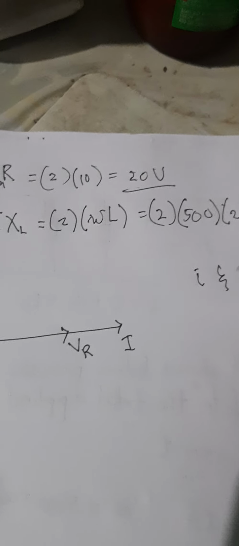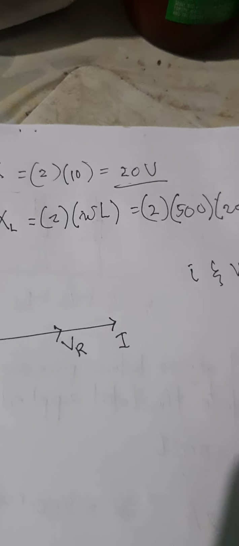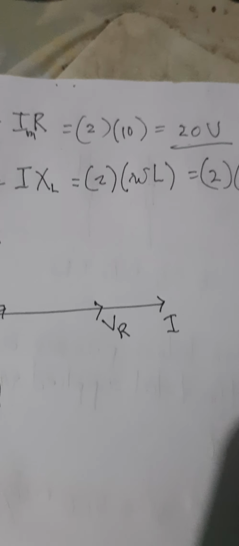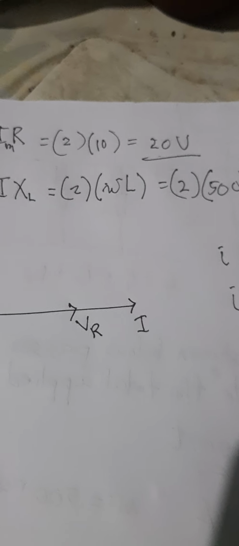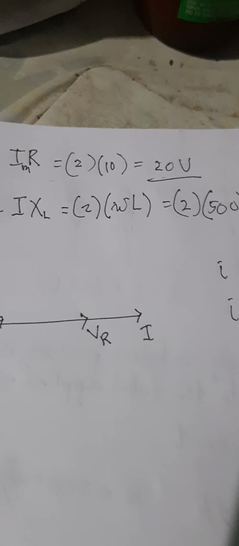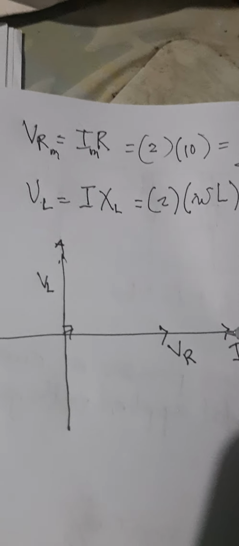I and voltage sa resistor are in phase, kaya nakalinya. Okay, then I lags VL by 90 degrees. Ito yung current.